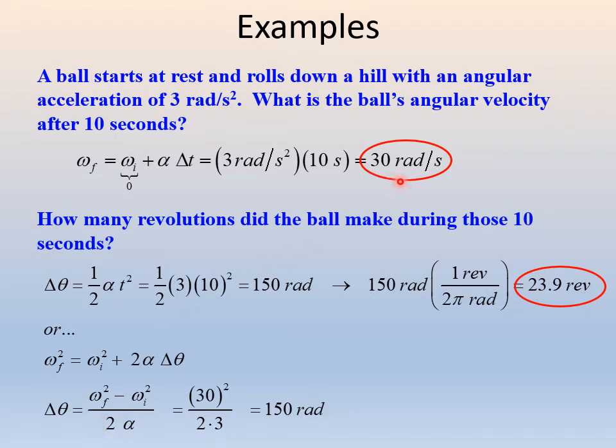We know that our final omega is 30, so this is 30 squared right here. Omega initial is 0 because it starts at rest. So we have 30 squared divided by 2 times alpha, which is 3, and that gives us the same number of radians, 150 radians, that we got here. And then of course we can convert that to revolutions as we did above.